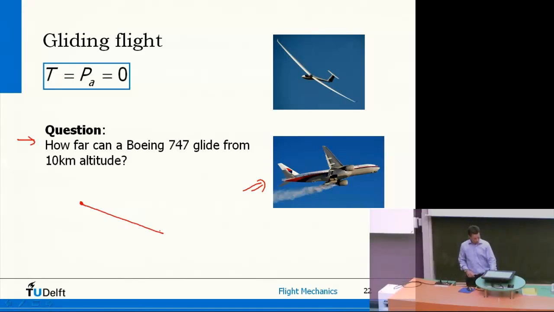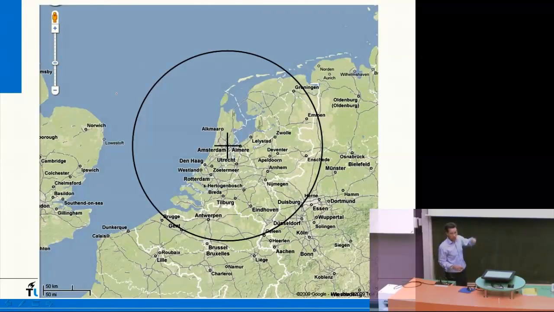So now this was a solution for the Boeing 747. If you're at 10 kilometers altitude and all engines fail, then this is actually the radius you can still fly, so you can get almost to Brussels. But now the objective is that you can actually calculate this.